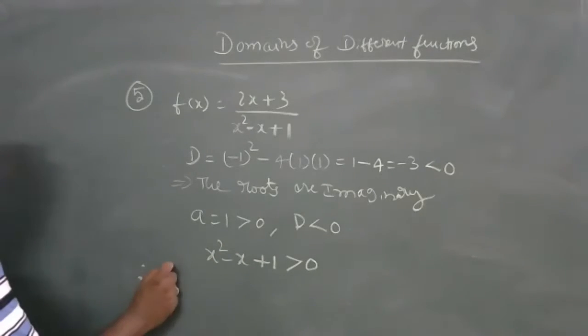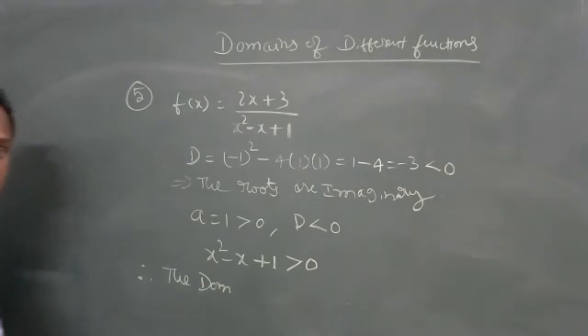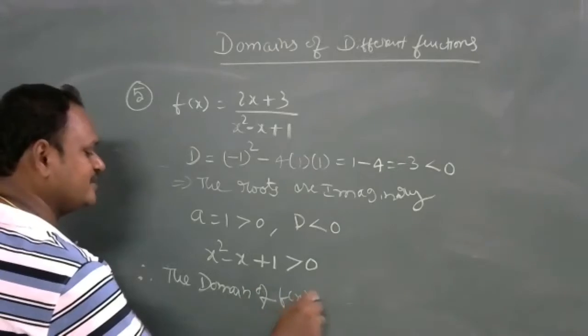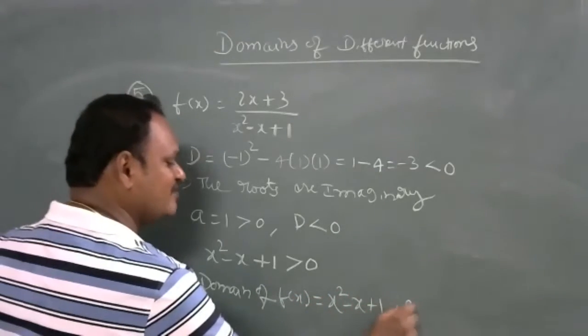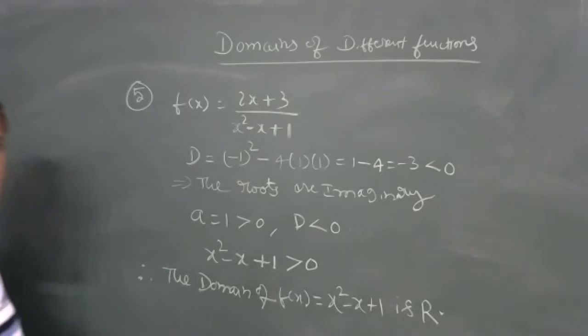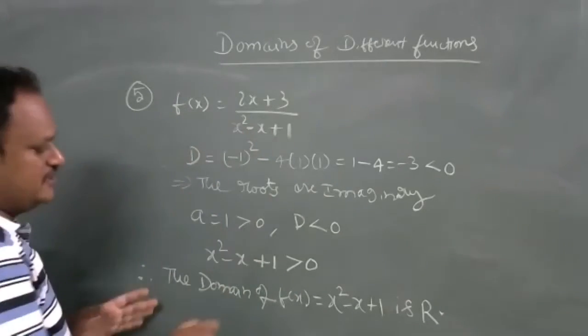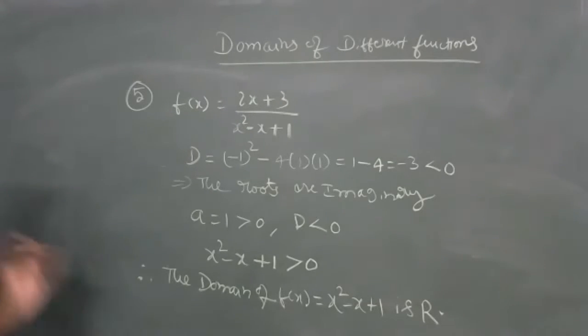That means the domain of f of x equal to x square minus x plus 1 is the set of all real numbers, because whatever value you use here, it is positive. Therefore, any real number can be given as input to this particular problem, right, my dear students?